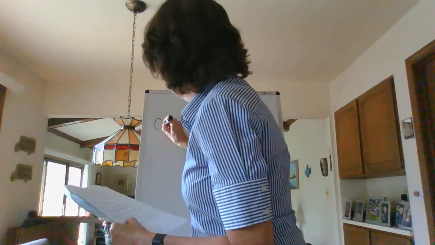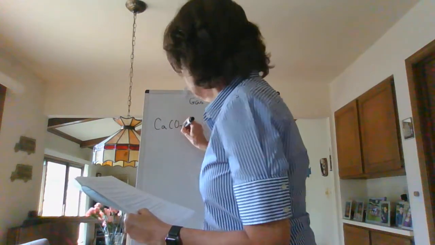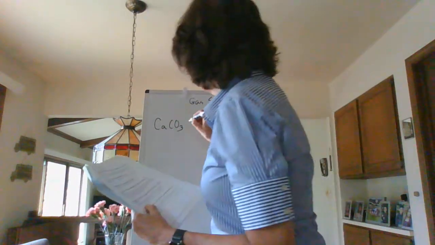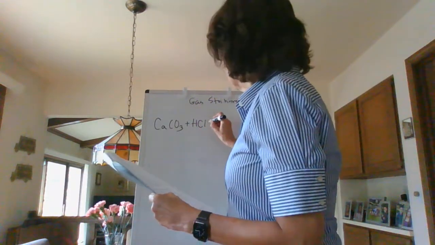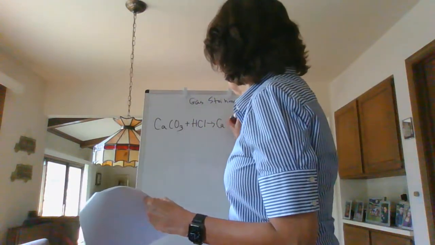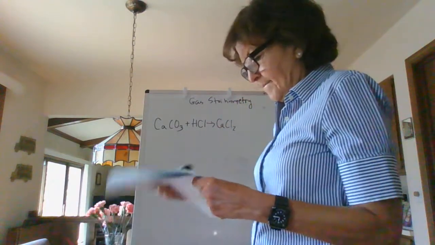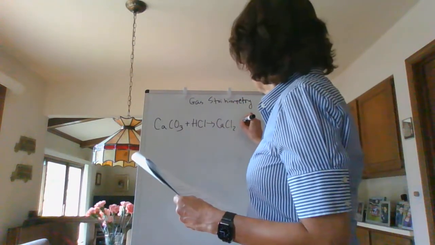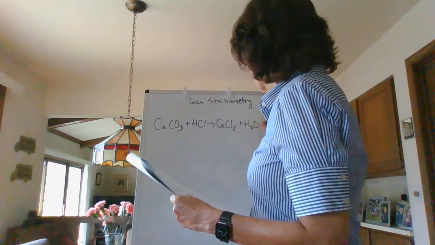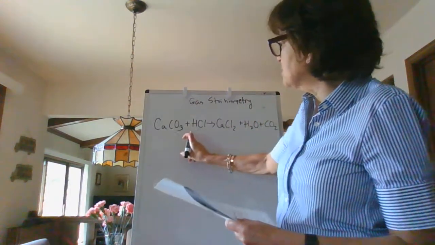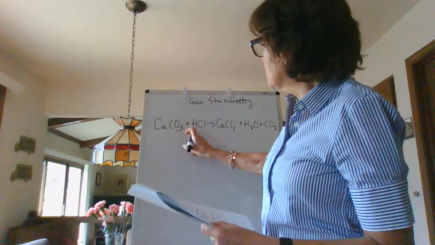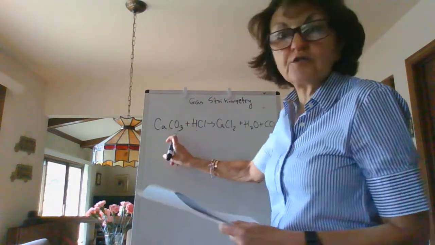this equation. Calcium carbonate is going to react with hydrochloric acid to produce calcium chloride and water and CO2. Why? Because when we do the double replacement, the H with the CO3 becomes H2CO3.